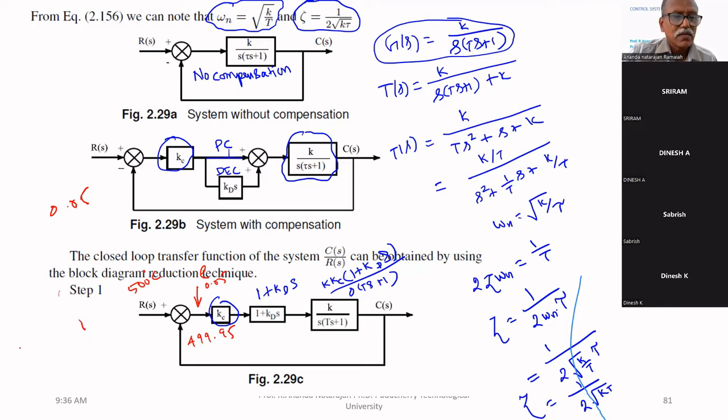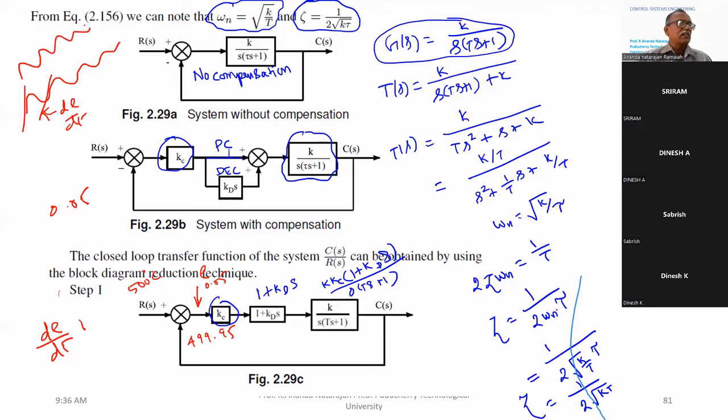What is the meaning of d by dt? Rate of change of error. In other words, d by dt is the slope of the error signal. Suppose error is varying like this, the slope of this line is d by dt. Noise is also varying like this.